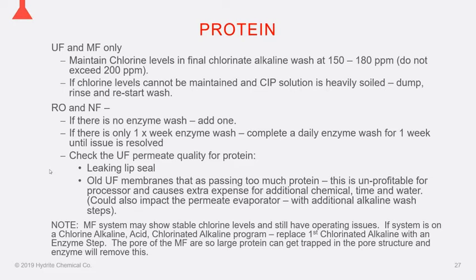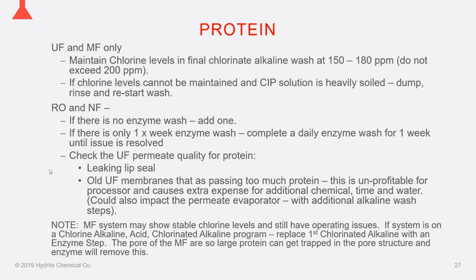Your leaking lip seals, your old, I've seen plants that run UF membranes for like nearly 5 years, and not only are they losing money down the drain in product, but you are putting additional stress and reducing the capacity of the downstream membranes.